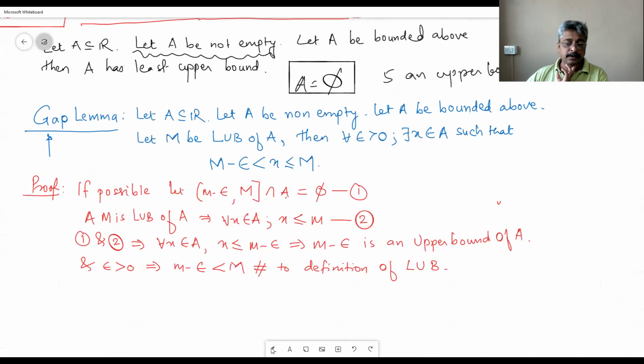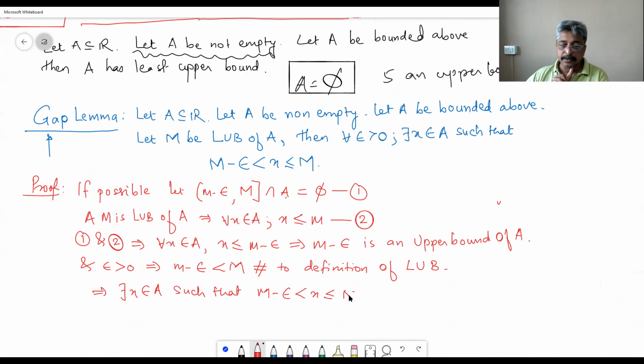Therefore, this implies there exists X belonging to A such that M minus epsilon is less than X is less than or equal to M.